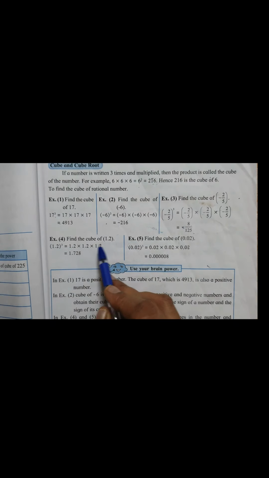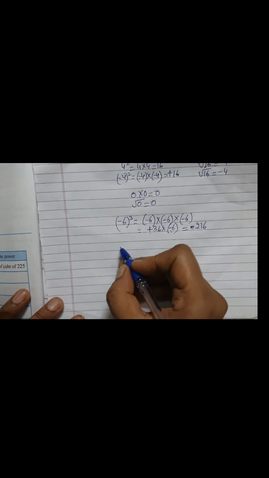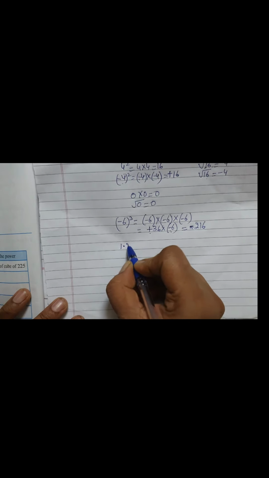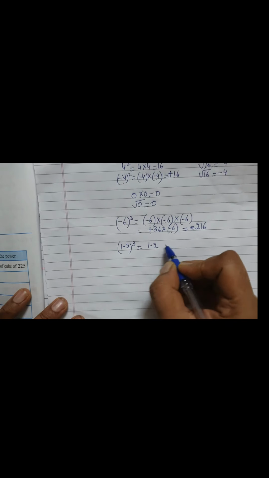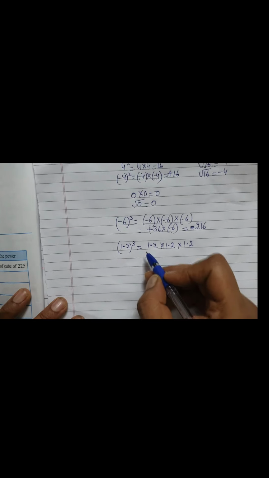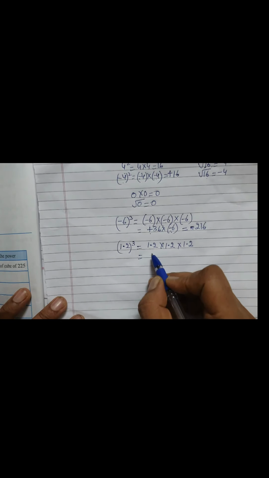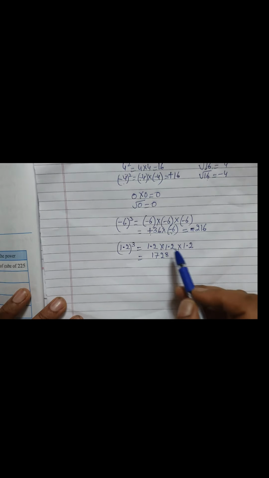Now find the cube of 1.2. 1.2 cube is equal to 1.2 multiplied by 1.2 multiplied by 1.2, taking it 3 times. This also I will show you in my book. So when we multiply, what answer will we get? 1728.